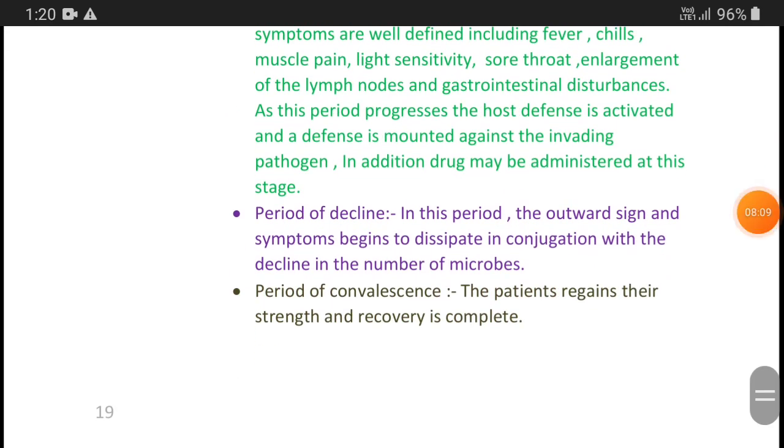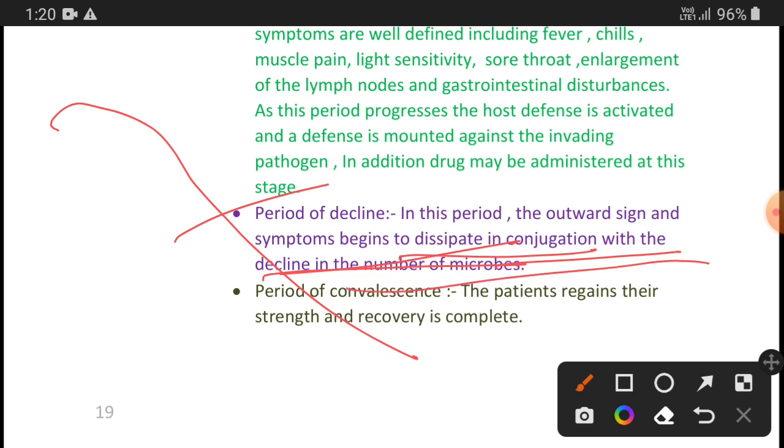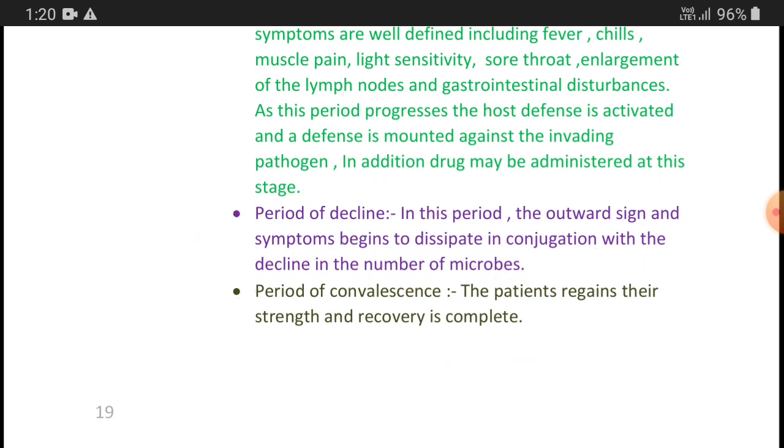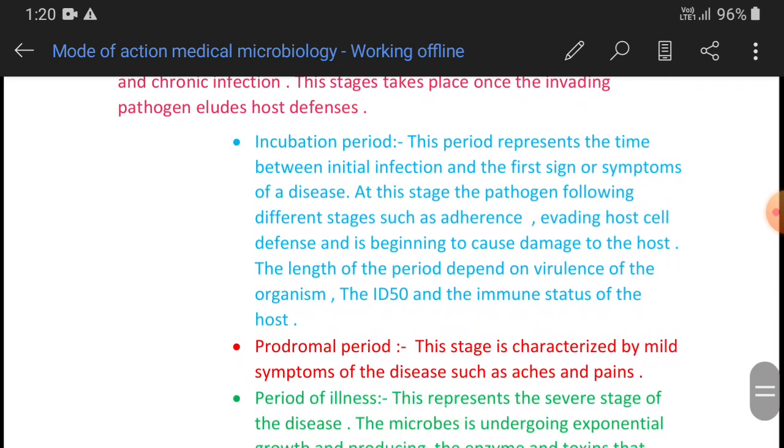And the period of decline. In this period the number of microorganisms declines, and the symptoms begin to dissipate in conjunction with the number of microorganisms. And the period of convalescence, in which the patient regains their strength and recovery is complete. So there are 5 steps that you need to remember. The incubation period is the point where it all starts.